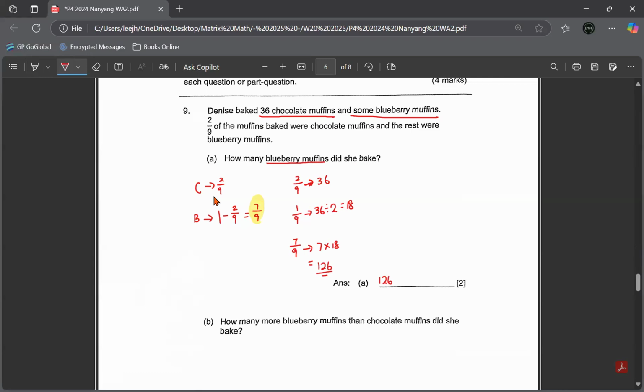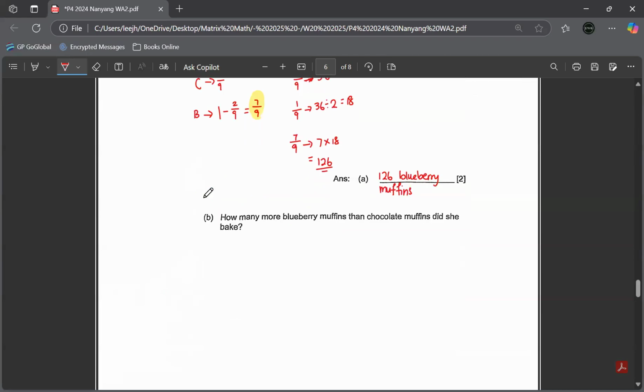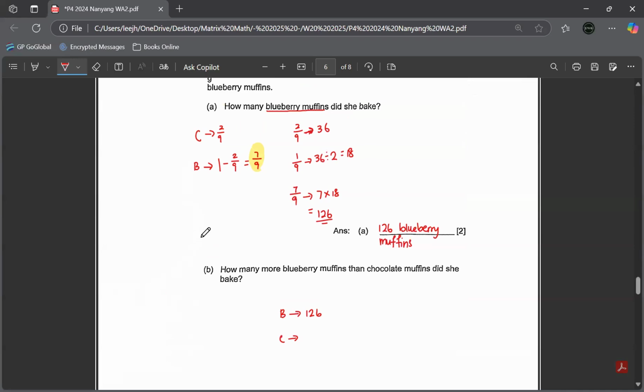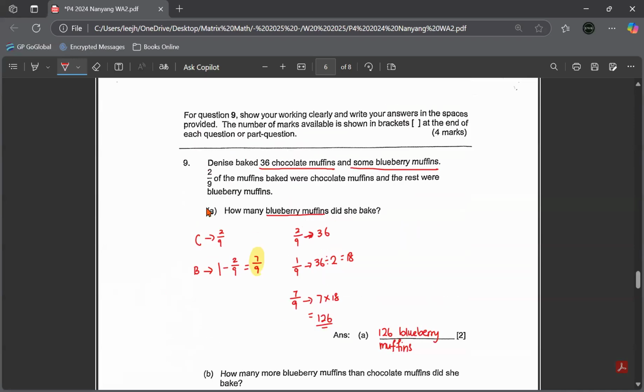So your answer, 126, you can write down blueberry muffins. I always finalize with my units. Okay. Now, question B. It says, how many more blueberry muffins than chocolate muffins did she bake? Okay, from question A, we know that the blueberry muffins, we have 126 of it. What about chocolate? If you read your question carefully, we know that we have 36 chocolate muffins.